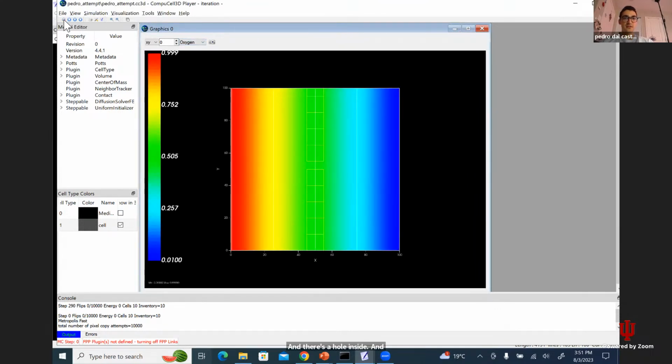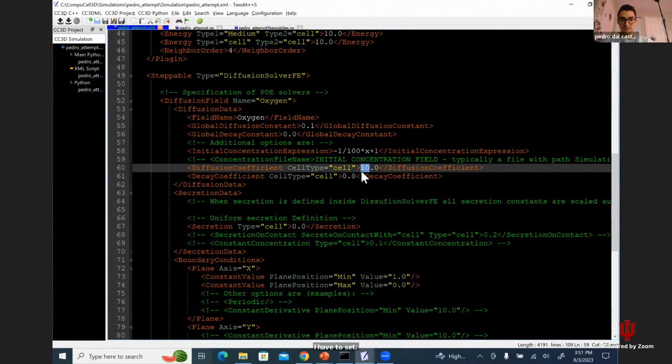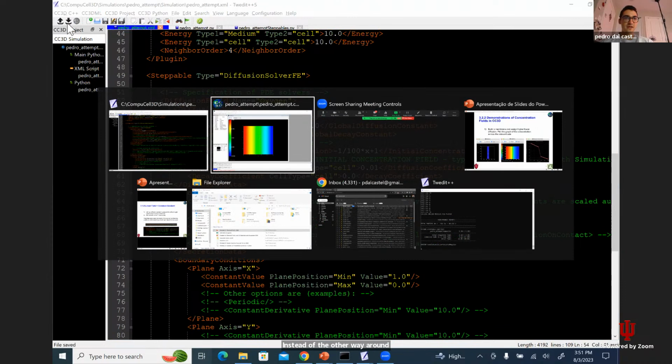And now we can see what happens with the field. So the isolines help us. Oh, sorry, there's a problem. I have to set it to be a membrane hindering diffusion instead of the other way around. So the effect is clear.